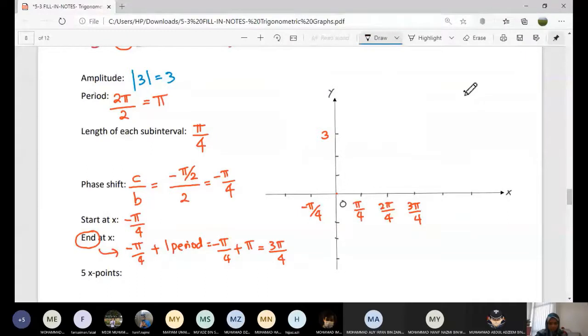So we'll start here, and this is the second key point, the third key point, the fourth key point, and this is the last key point. So your graph will be like this. Sine, right? Okay, the sine graph.